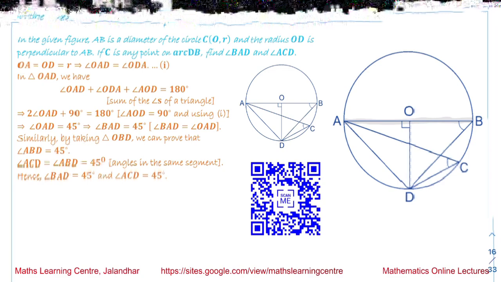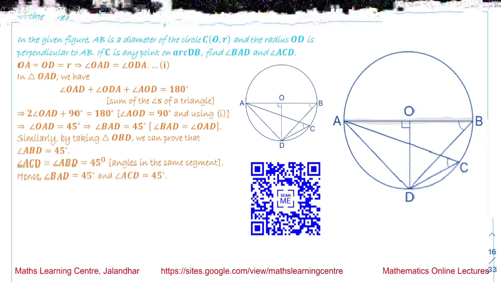So this is the exterior angle and these are the interior opposite angles. So the value of this angle will be 90 degrees minus 30 degrees, which is equal to 60 degrees, and this is a constant value. This is what we had to prove, that angle APB is constant.